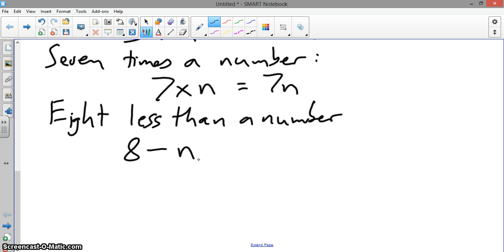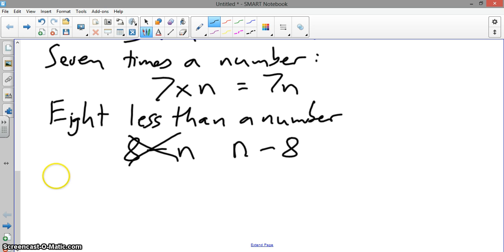You can't actually write it that way, because it's 8 less than a number. This is wrong. It should be n minus 8. So the number, and there's 8 less. You have to be very careful when it comes to subtraction because remember, it's not commutative. If you do it the wrong way, you're not going to get the right answer. You're going to get an integer, which we do not want right now.